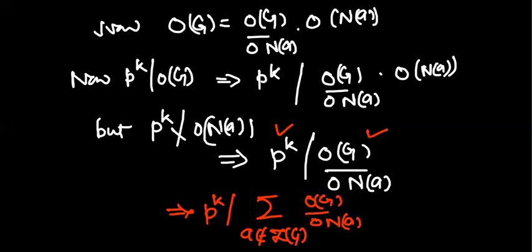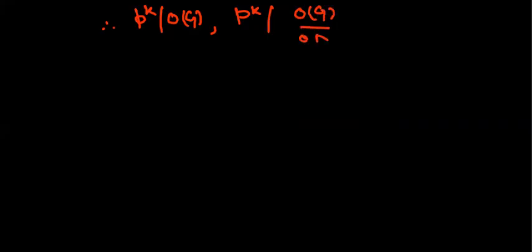So we have seen that. Therefore we have p^k divides order of G, p^k divides order of G by order of N(a), summation a not belonging to Z(G).